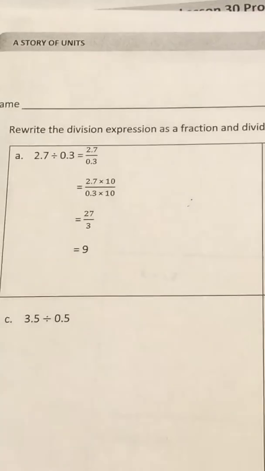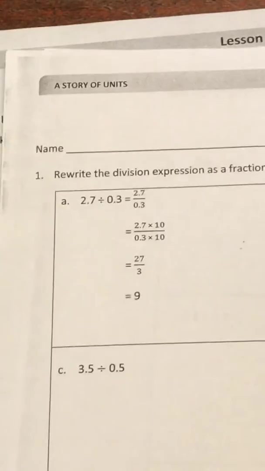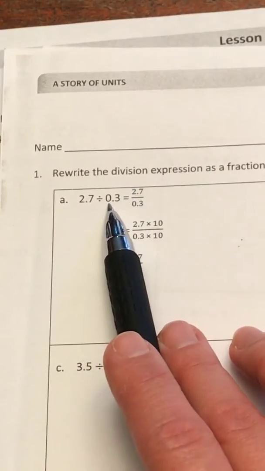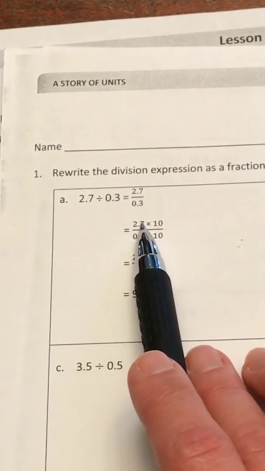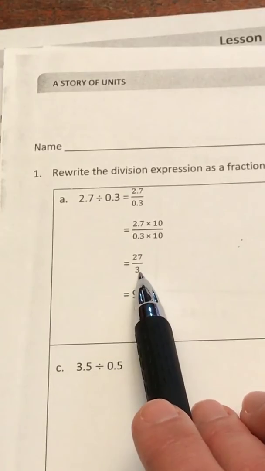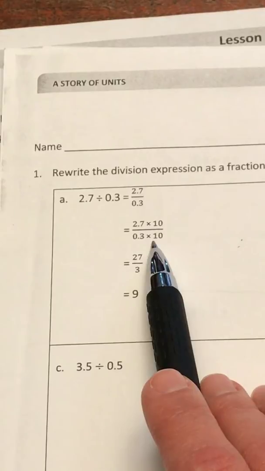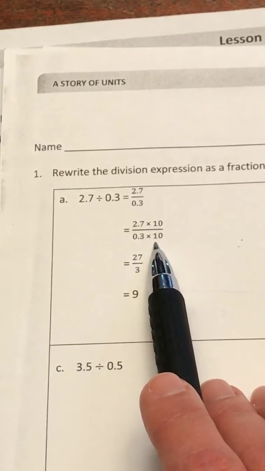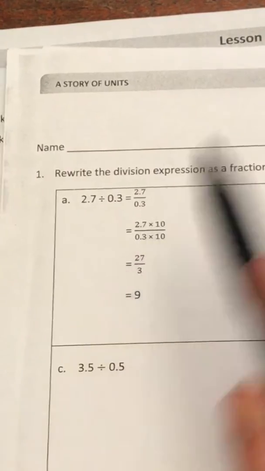Okay, so in today's lesson, we learned that we can divide by a decimal, and we can do that by creating a fraction and then simply getting rid of the decimals. And we do that by multiplying by a value of 10, depending on where our decimal is.